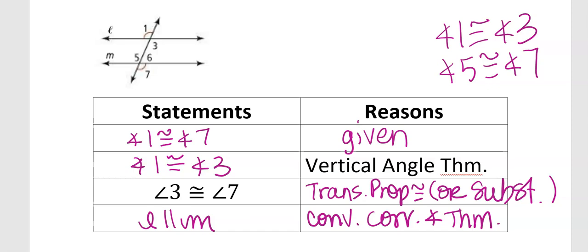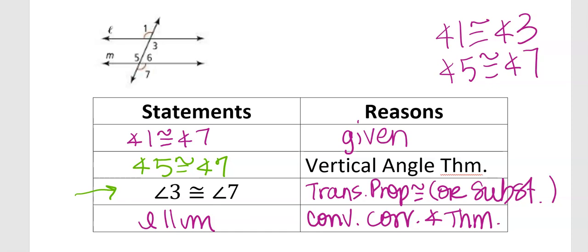So if I go back and let's say at the beginning I wanted to use 5 and 7, would that have worked? Okay, so I'm going to take it out. You guys leave it the way it was. Okay, so I'm going to change colors just to show you that this is just something I'm showing you. If I put angle 5 congruent to angle 7 in there, what would this step right here have to be?